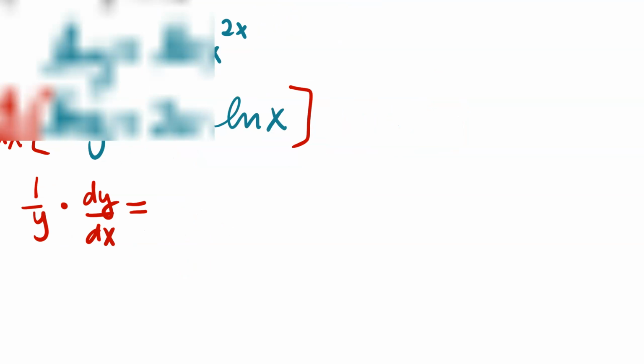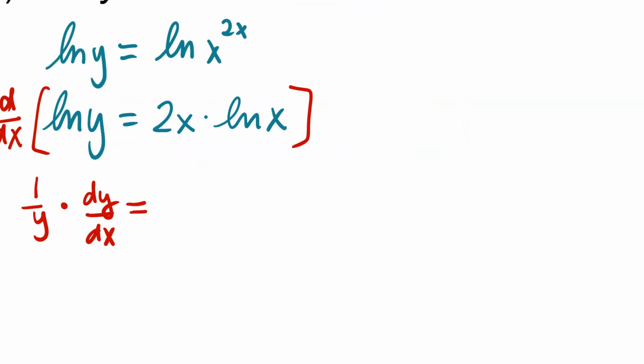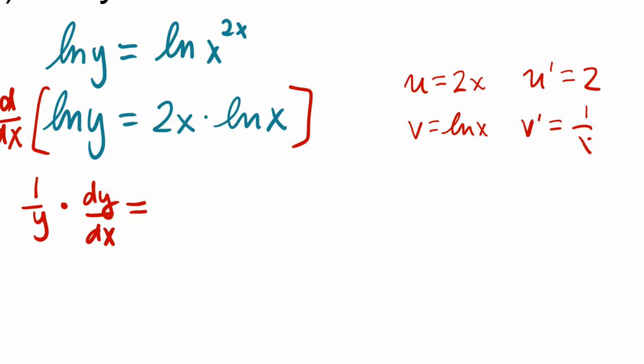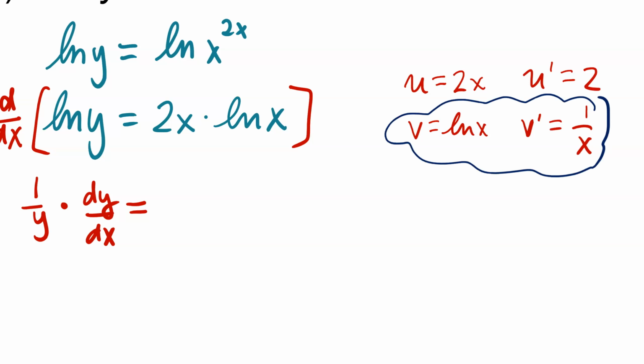2x times ln x. Two functions being multiplied is a product rule. So I'll have u be 2x, which means the derivative is 2. v is ln of x, and v prime is 1 over x. An interesting thing with logarithmic differentiation is this is always one of your products, because one of them is always ln of x, at least for the ones I'm going to give you.